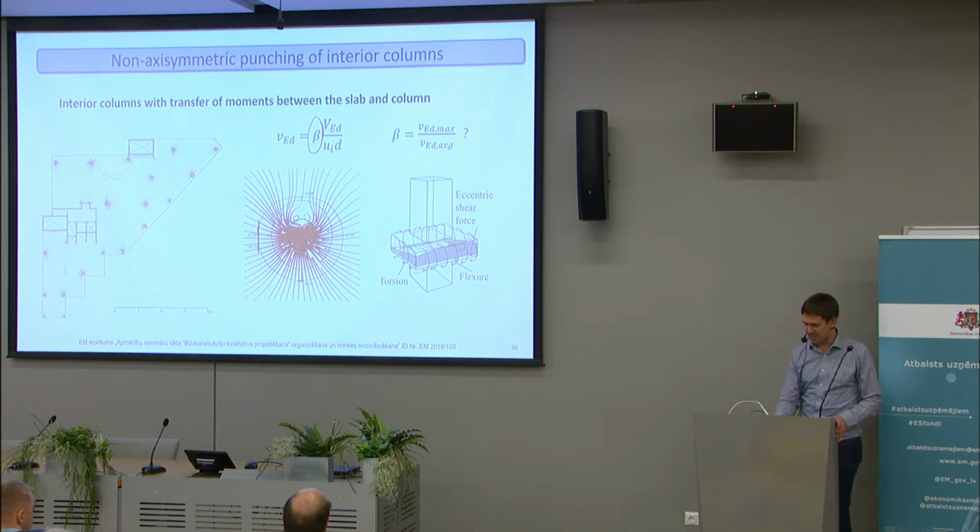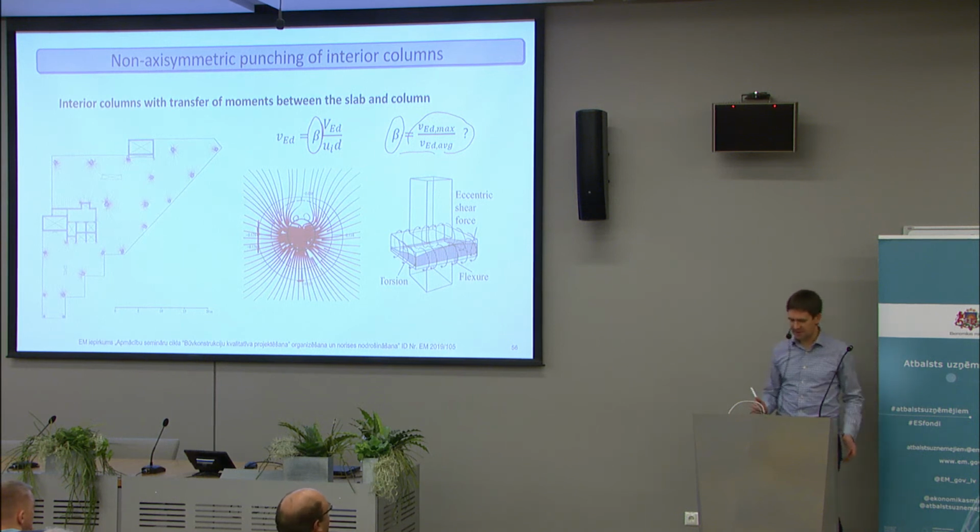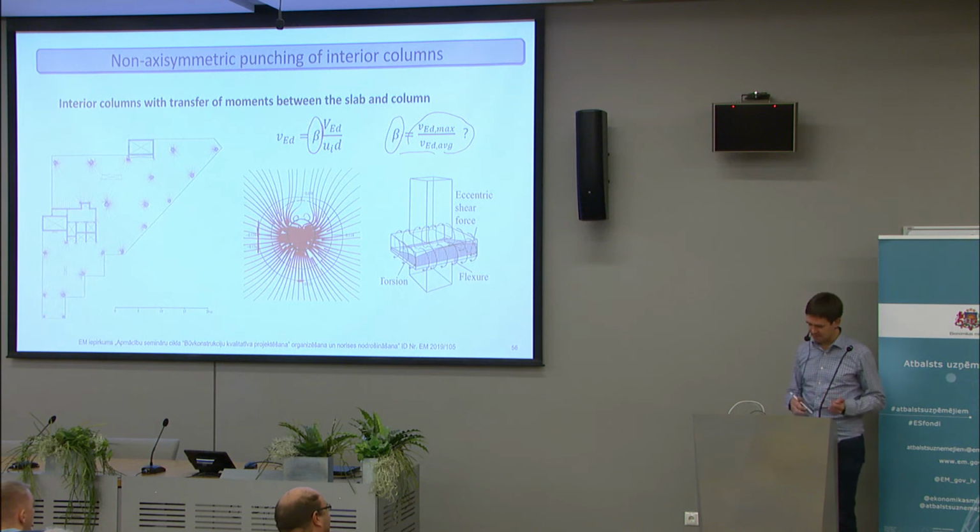So this would mean that it would be possible to calculate beta like this. Well, Eurocode doesn't give this formula directly, but it could be one approach to calculate it for irregular cases.